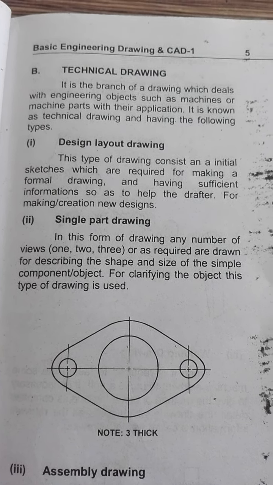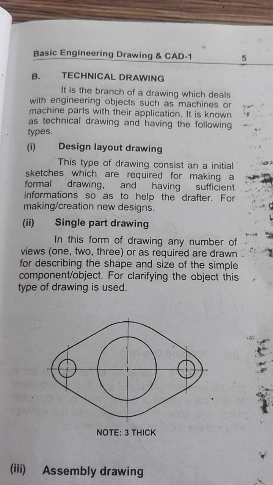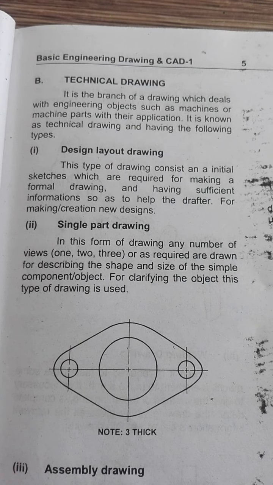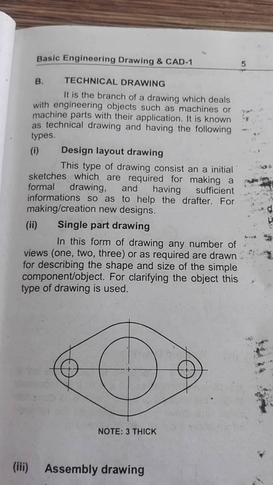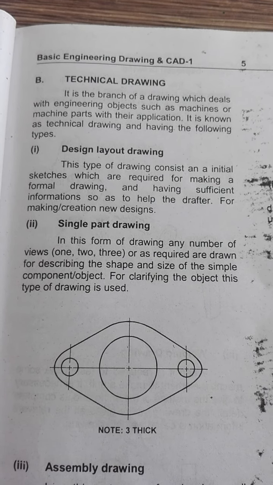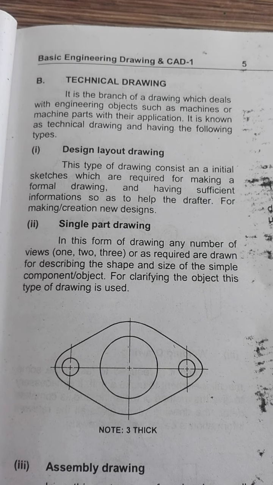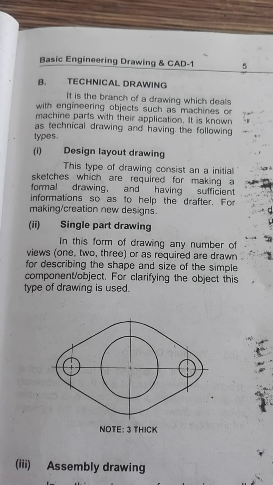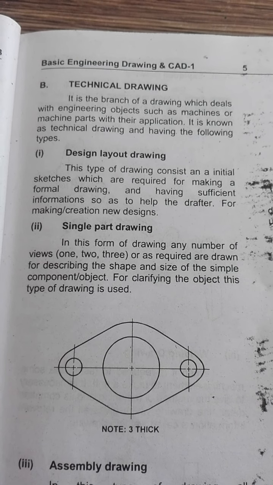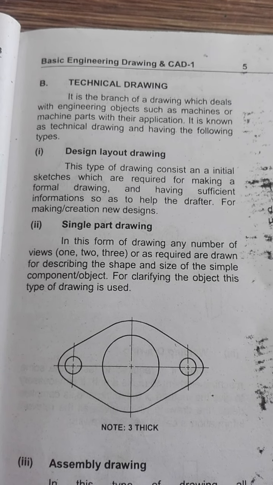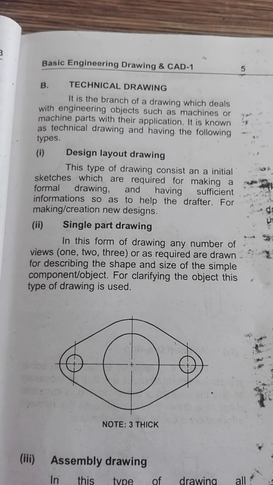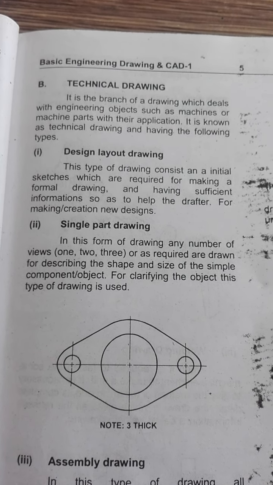So, the technical drawing is a branch of drawing which deals with engineering objects, like machines, or it can be machine parts with their application, how they are applied, how they work.